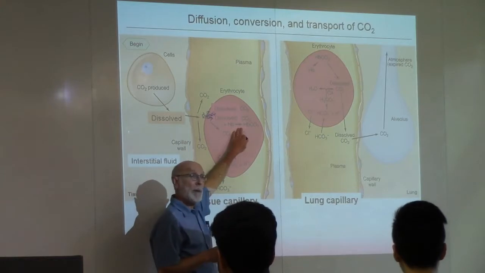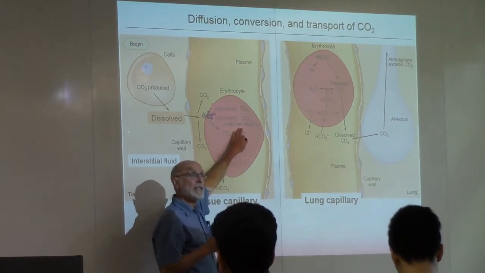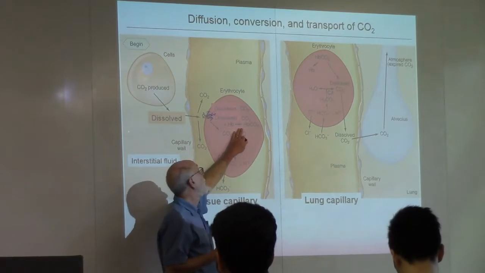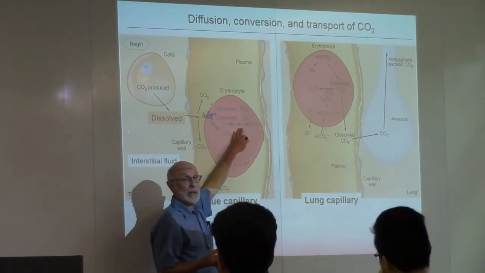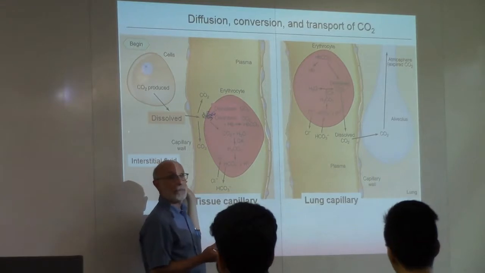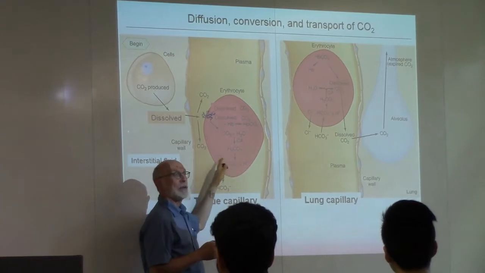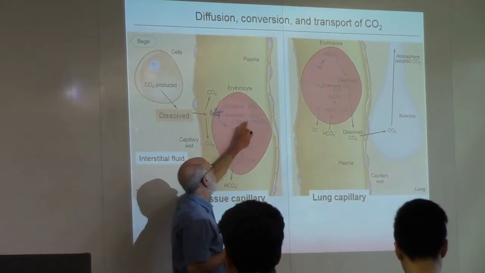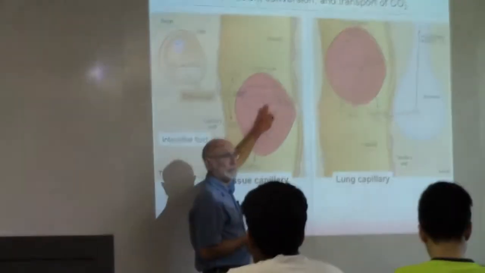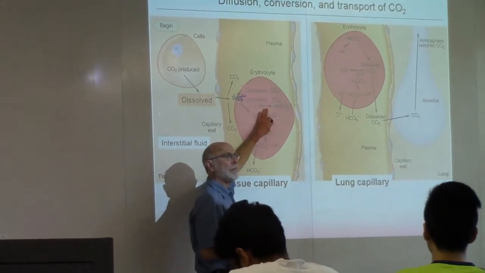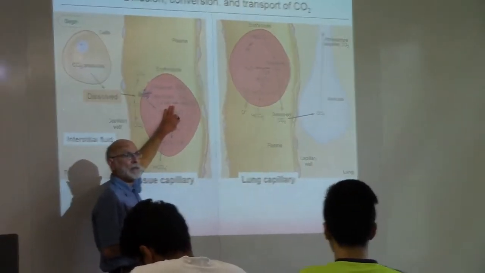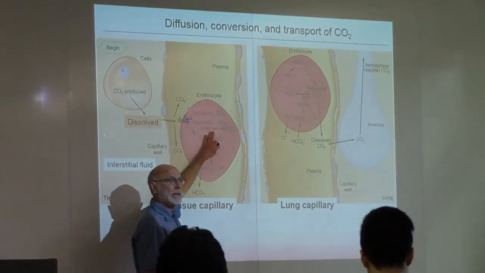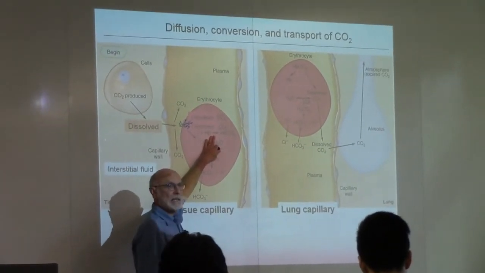And remember that binding of CO2 to hemoglobin is one of the things that helped the hemoglobin let go of its oxygen in this metabolically active tissue. But we're focusing on CO2, so we're not seeing the oxygen right now. So some of the CO2 binds to hemoglobin. It doesn't bind at the same place, so it's not a competitive inhibitor of oxygen binding, but it facilitates oxygen unbinding from hemoglobin.